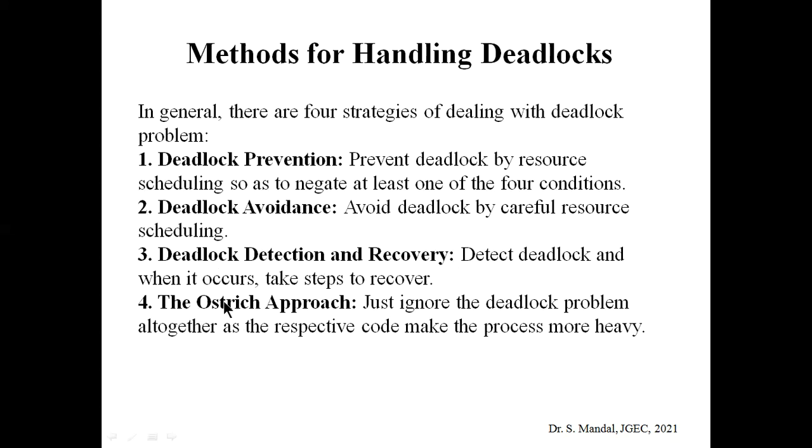And on the other hand, the ostrich approach. Here we just ignore the deadlock problem altogether, because whenever we want to deal with deadlock prevention, avoidance, or detection and recovery, some respective code should be present, and this extra code makes the process heavier. So sometimes the programmer just avoids this part.